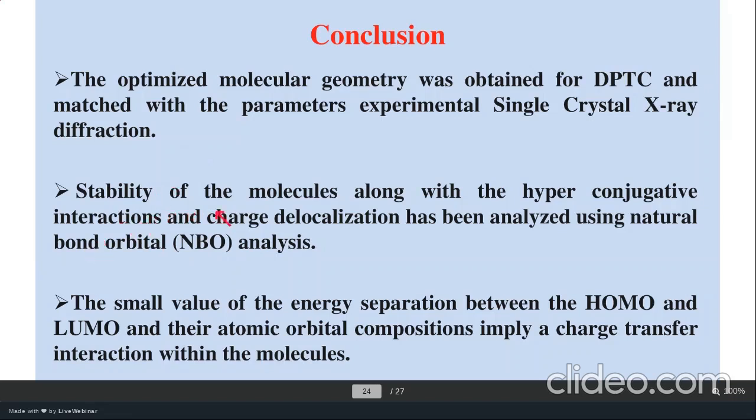Otherwise, the stability of the molecules along with the hyperconjugative interactions and charge delocalization has been analyzed using natural bond orbital analysis. The small value of energy separation between the HOMO and LUMO and their atomic orbital compositions implies a charge transfer interaction within the molecules.